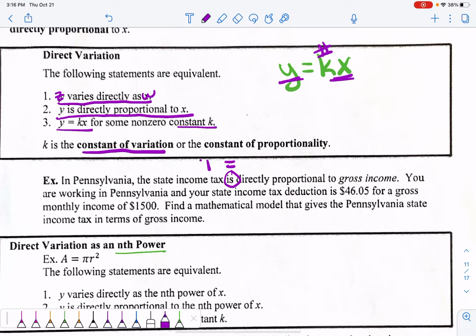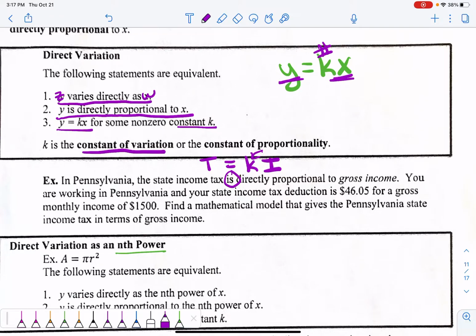So I'm going to say tax is equal to something times income, right? And I'm going to use the letter k to represent that. We just have to figure out what k is. And k, in this case, is going to be your tax rate, right? You take your income, you multiply by the tax rate, and that tells you how many taxes you pay, okay? So that's kind of how that works, all right?